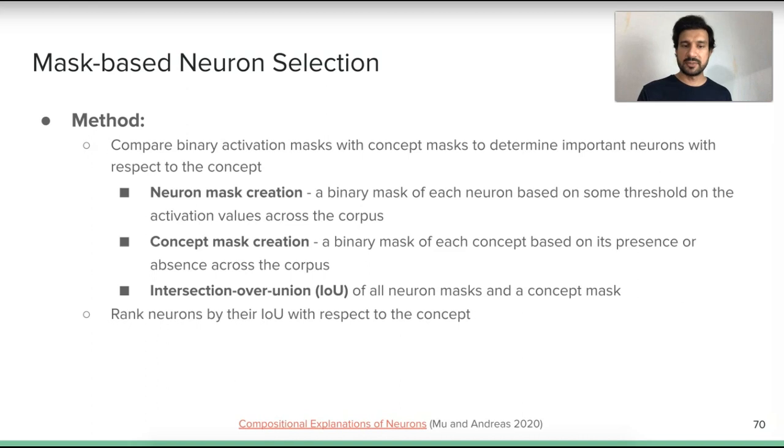Then we create a concept mask, a binary mask of each concept based on its presence or absence across the corpus. Then we have these two masks. We can do an intersection over union to find which neuron mask relates the most with the concept mask, and then we can rank based on that value.